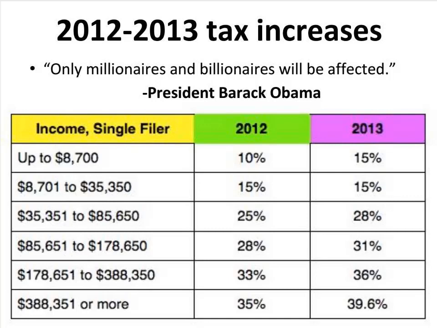Some people in the middle saw them stay either the same or only up a few percentage points, and then the top tax bracket went up 4.6%. So actually the largest percentage anyway increase in taxes was on those making the least amount of money.